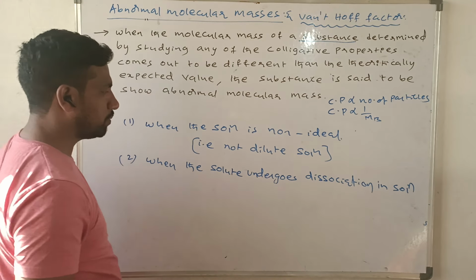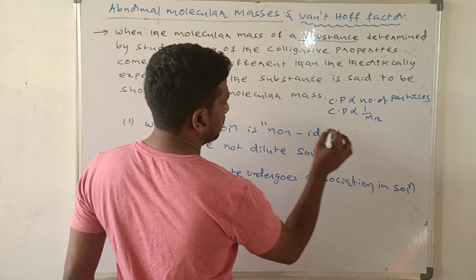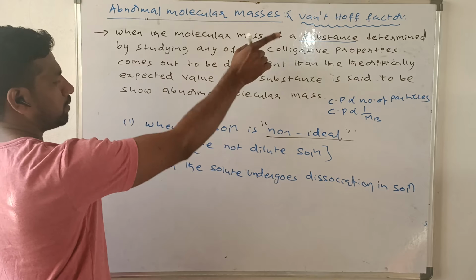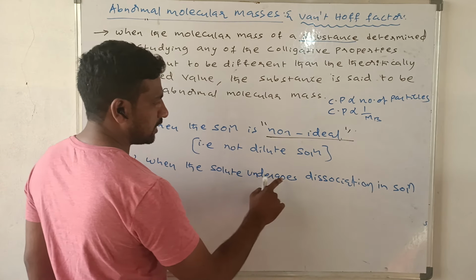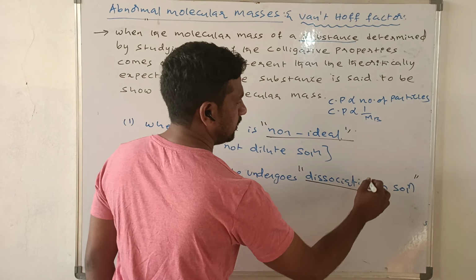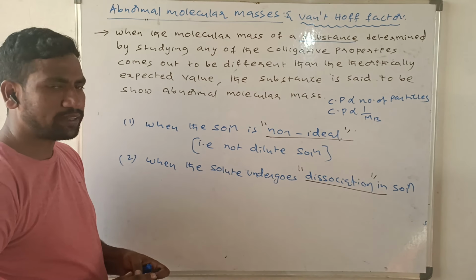That means abnormal molecular mass. In the case of non-ideal solutions, we are going to get a different molecular mass, that is abnormal molecular mass, than the expected value. And when the solute undergoes dissociation, in such a case also we are going to get a different molecular mass for the solute.